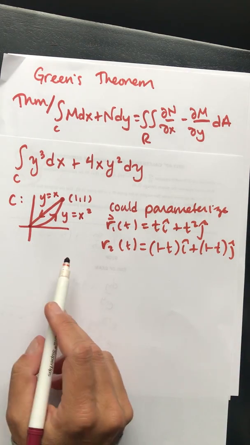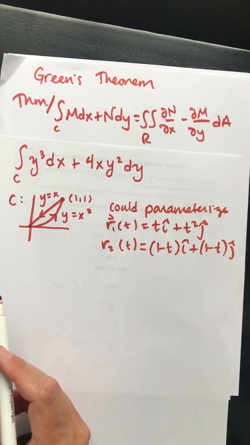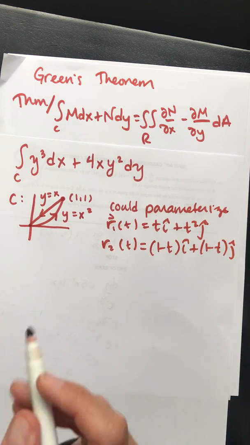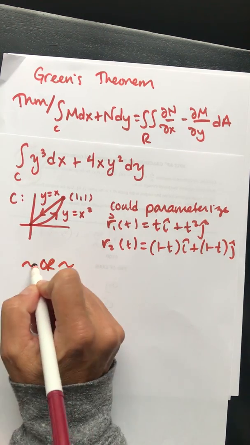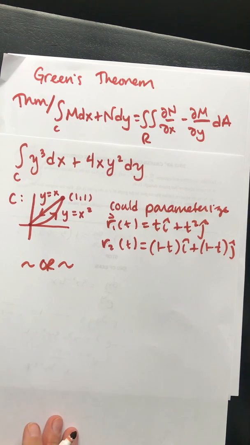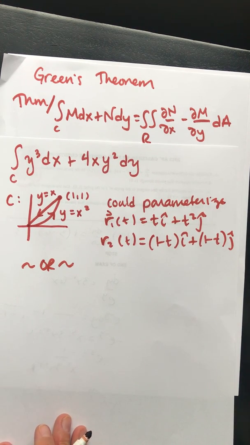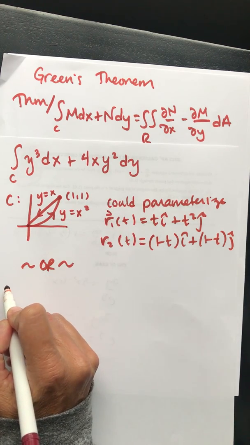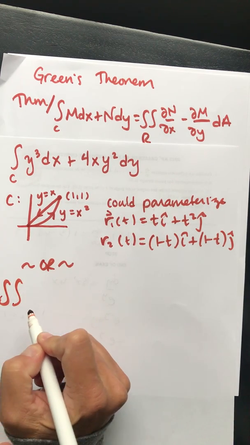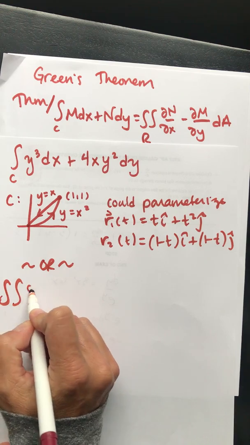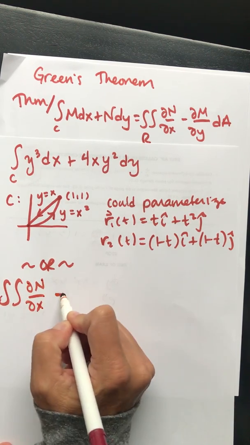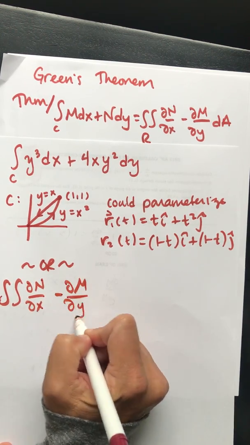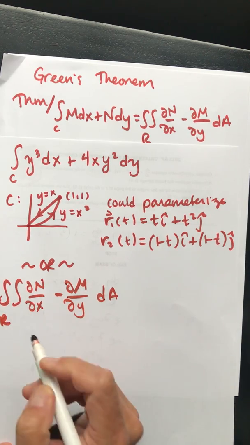I could parameterize each piece and figure out what I accumulate. Or I could use Green's theorem. Green's theorem says that this line integral is equivalent to the double integral of the partial of N with respect to x minus the partial of M with respect to y dA.